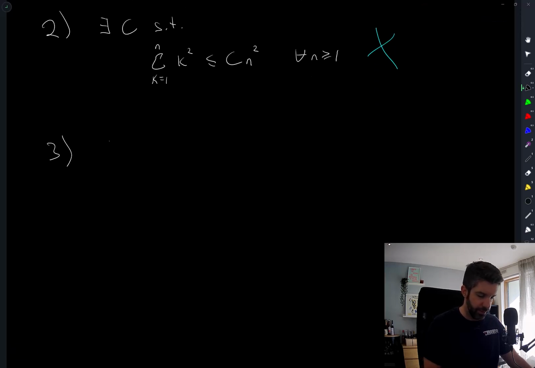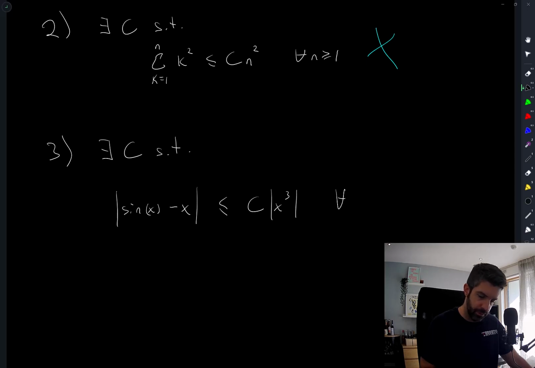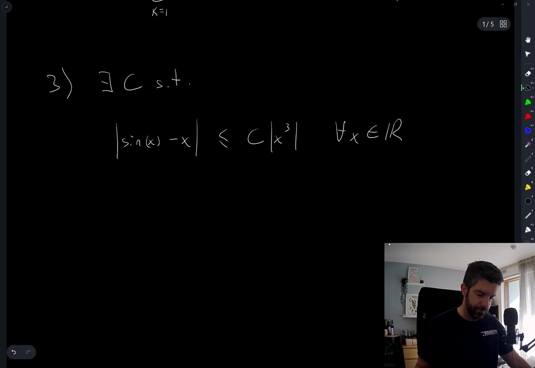Okay, and the third statement: there exists c such that sine x minus x in absolute value is less than or equal to c x cubed in absolute value for all real x. So this is false. Wait, is it?